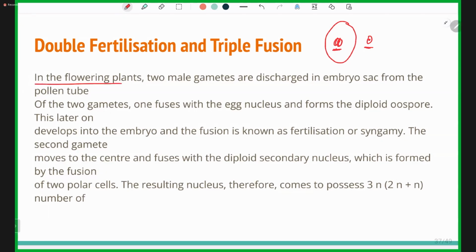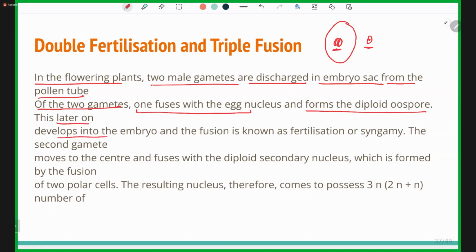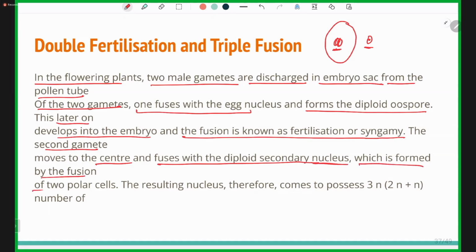So in the flowering plant, two male gametes are discharged into the embryo sac from the pollen tube. Of the two male gametes, only one fuses with the egg nucleus and forms the diploid oospore. This later on develops into the embryo, and the fusion is known as syngamy. But the second male gamete moves to the center and fuses with the diploid secondary nucleus, which is formed by the fusion of two polar nuclei.